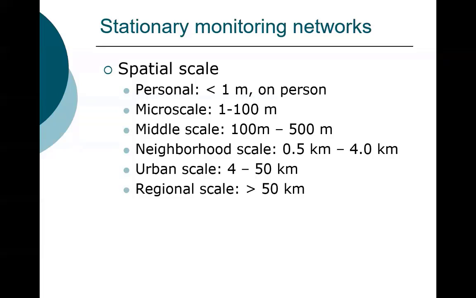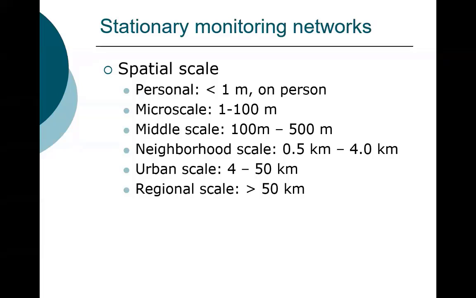If you're looking at more of a neighborhood level, that's typically from 1 to closer to 100 meters, you're looking at sampling at what we refer to as a micro scale. You can then move up to what we call a middle scale, the neighborhood scale. So now we're looking at a kilometer level.